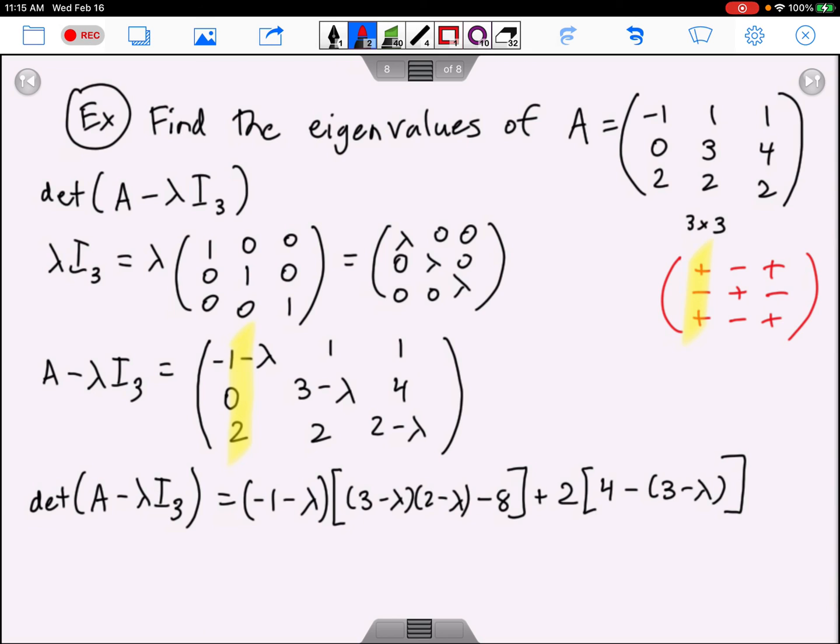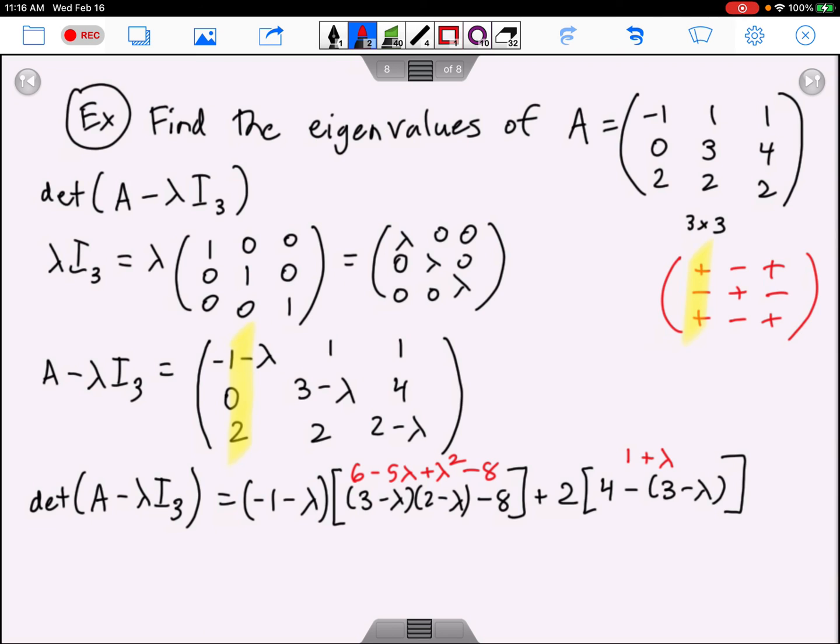So let me show you what I mean. Here's what I get. If I FOIL this guy out over here, I end up with 6 minus 3 lambda minus 2 lambda is minus 5 lambda, and then plus lambda squared, and then minus 8. On this one, I end up with 4 minus 3, that's 1 plus lambda. Okay.